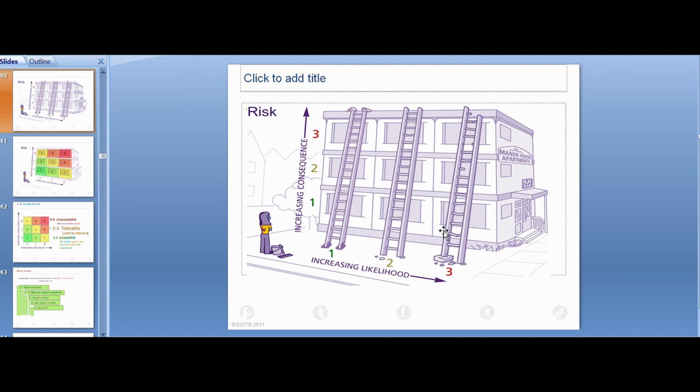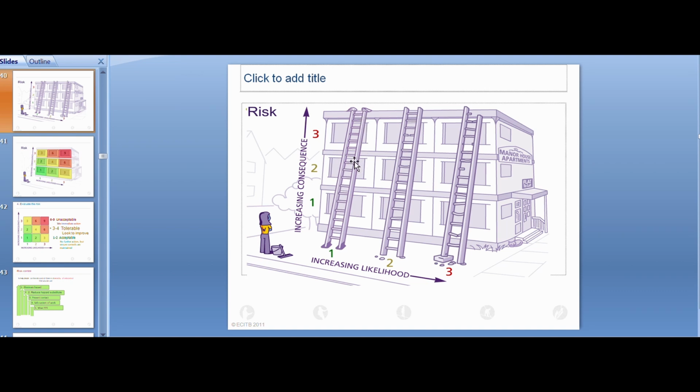In this picture you can see three different ladders. The condition of the ladder is very clear, and according to these ladders we can easily understand how things can go wrong, and what the probability of the person falling is, according to the ladder's condition and also the level.